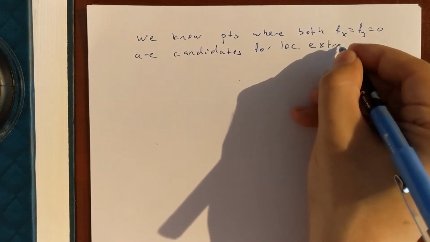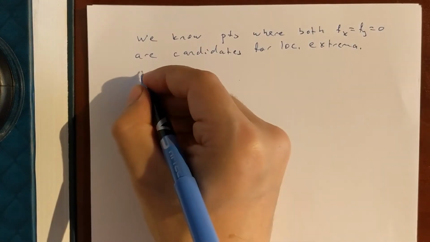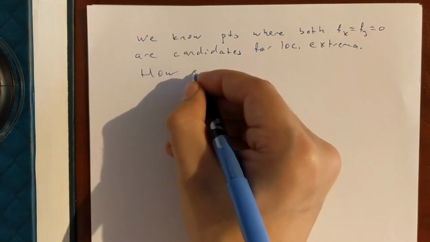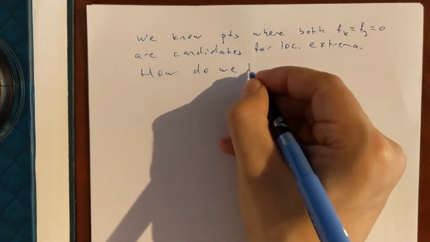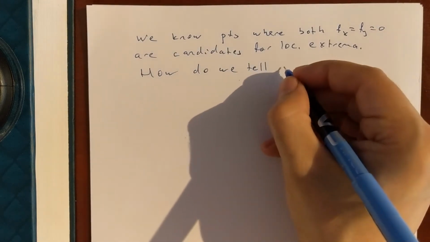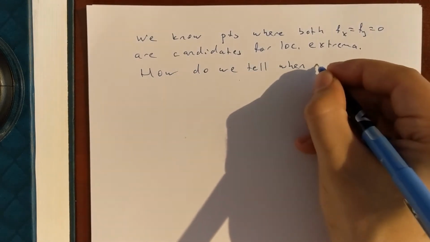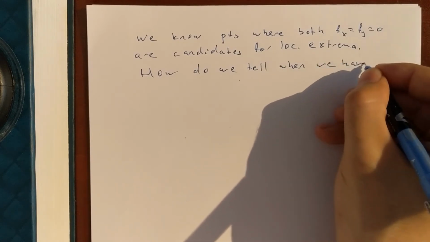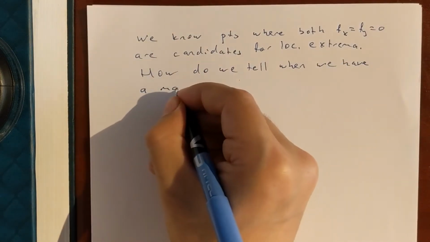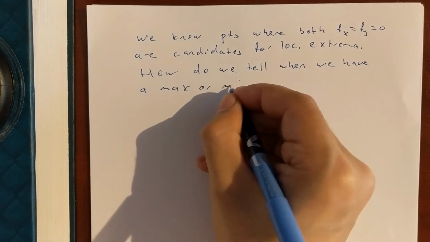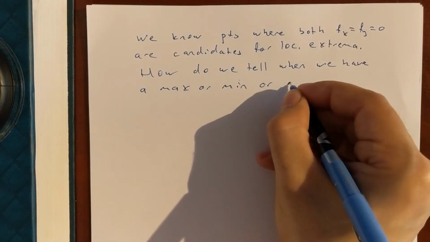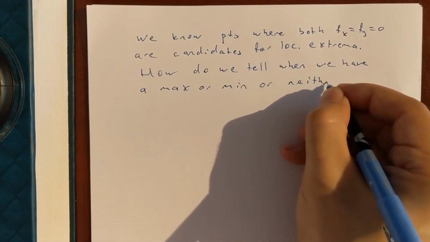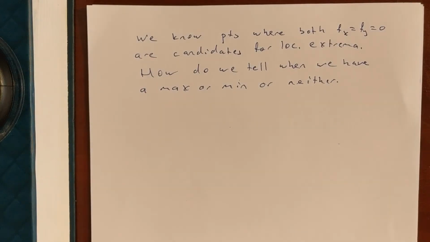But the question is, how do we tell when we have a max, or a min, or neither? Making tables is a no-go. It's going to be too complicated.